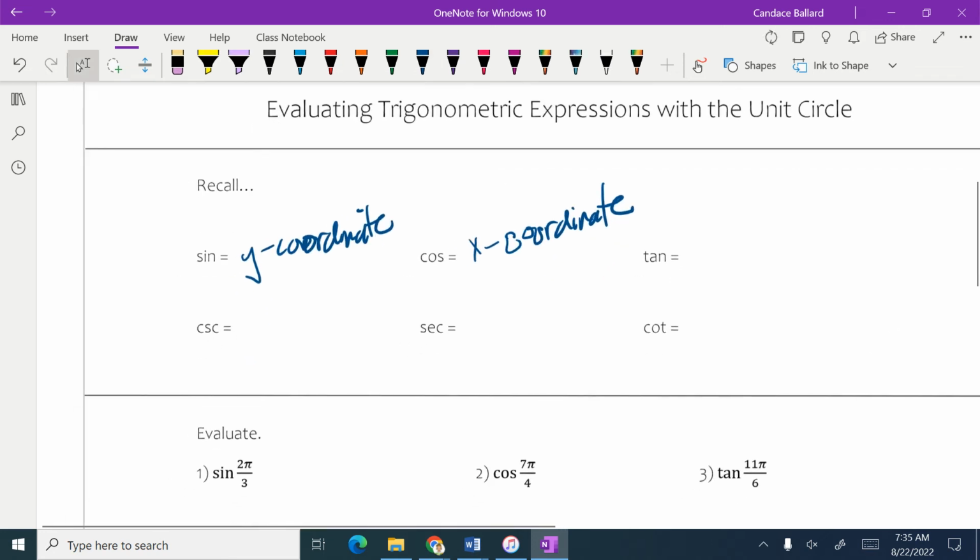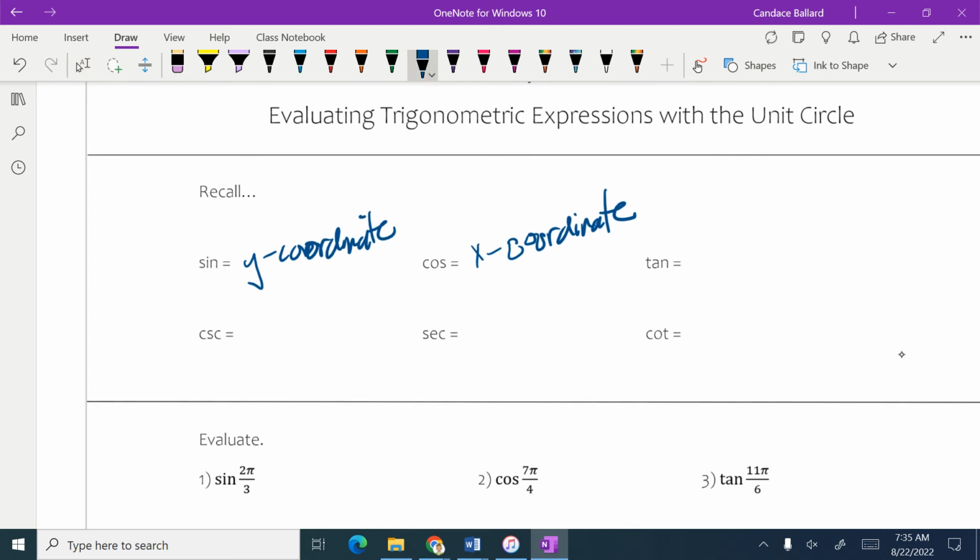All right, in terms of sine and cosine, what is tangent? Sine over cosine. Good. What is cosecant? It's not cosine over sine. Look at the way I set it up.